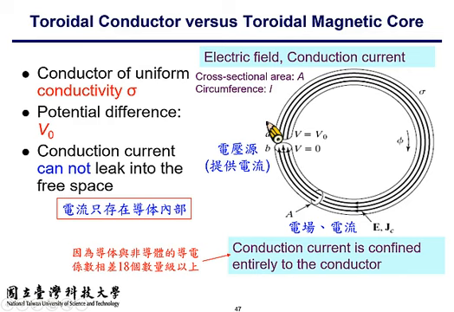This is a property due to that the difference in conductivity between conductors and non-conducting material is relatively large. As you can imagine, the ratio of conductivity is about 10 to the 18th. So it's a very large difference in terms of conductivity. As a result, the current is only confined within the conductor.